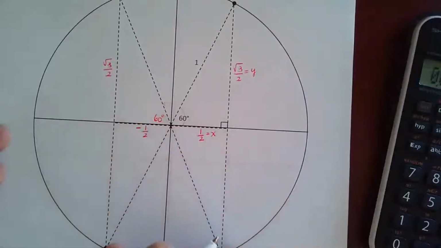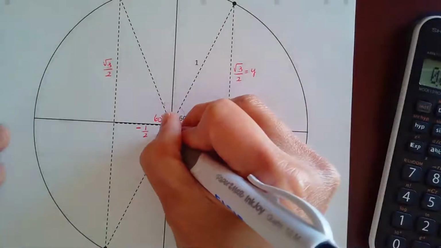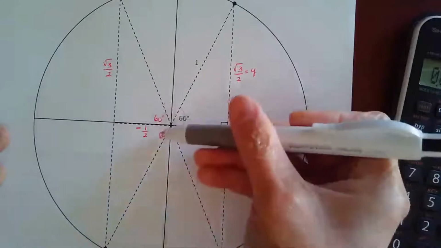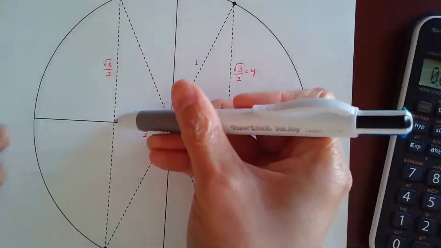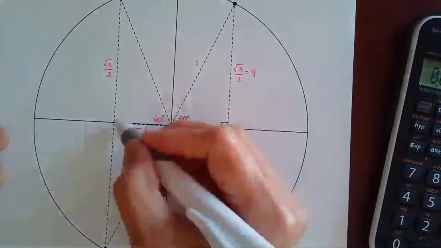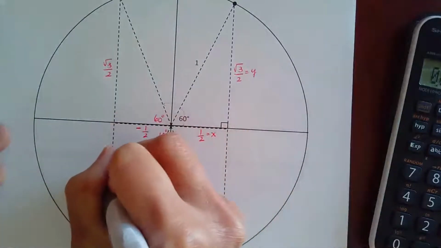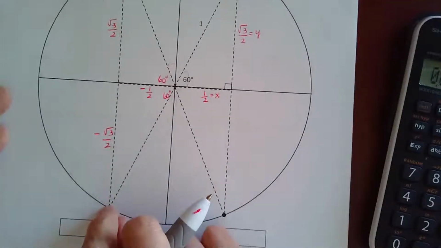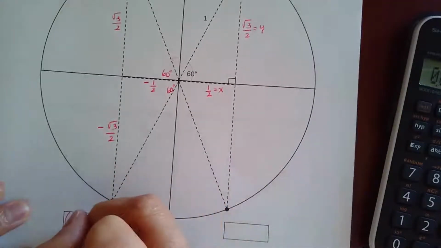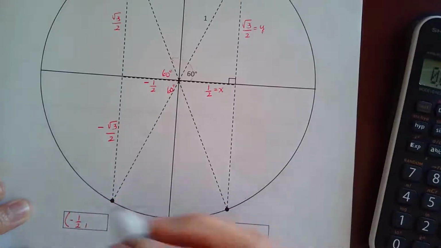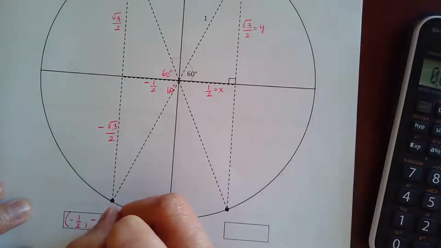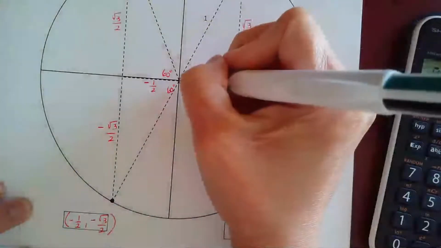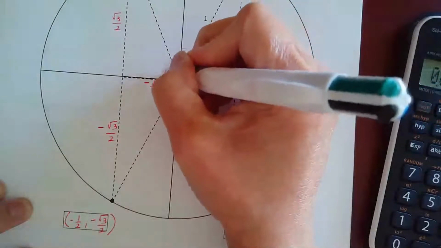Let's go to the next one, quadrant number 3. Again, reference angle of 60 degrees here. X is negative 1/2. Y would also be negative root 3 over 2. So what's the point on our unit circle? It's going to give us negative 1/2 comma negative root 3 over 2. And what is this angle in standard position?